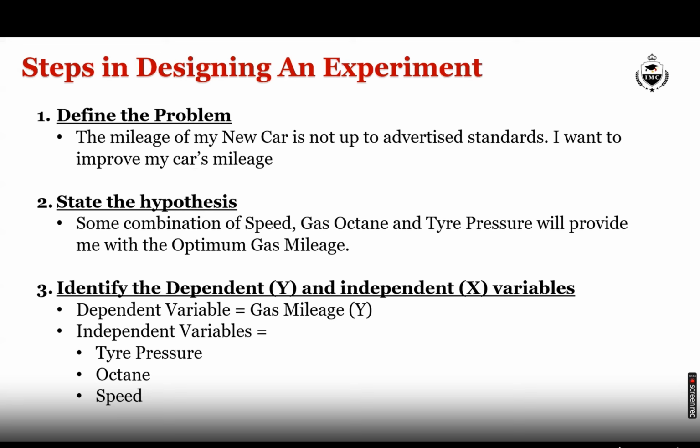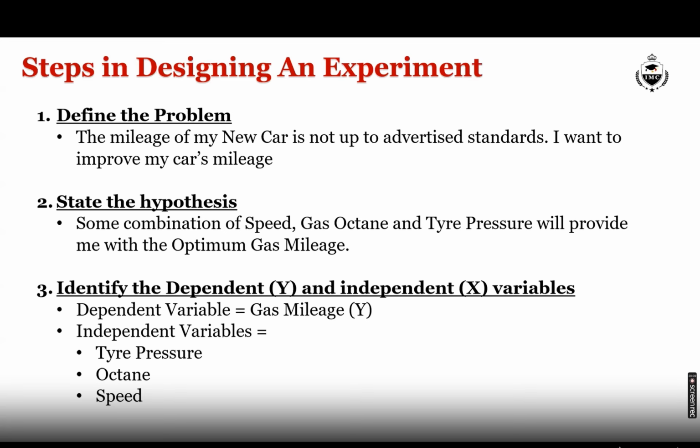So in order to make the customers happy, we have to suggest something so that the gas mileage improves. In the US, car mileage is called gas mileage. So we asked this organization, step number 2, what are the factors you feel are affecting the gas mileage? They say it's the speed of the car, the gas octane, that is the petrol or the diesel, and the tire pressure.